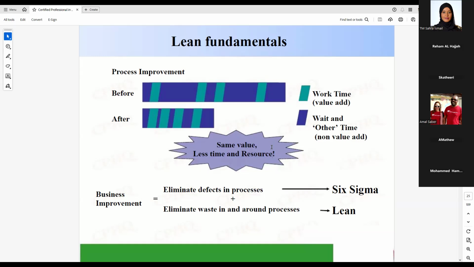Timeliness. Efficiency. Efficiency. Yes, who was that? It's Miriam. So remember, this is the classic example of efficiency. You will check the value you are providing, how much resources you are using, and that is efficiency.